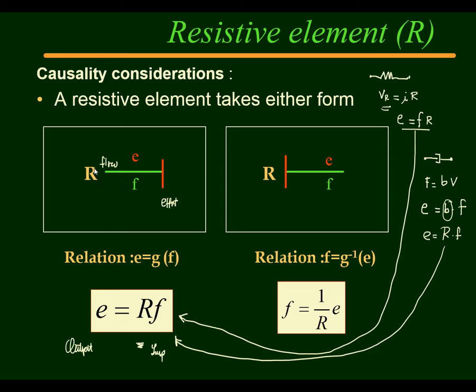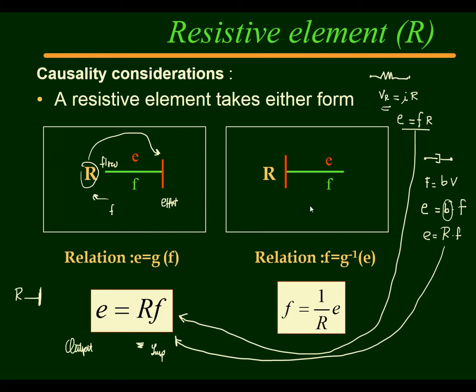So it means that from the R element, this effort is what's coming out, and what's going into the element is this flow. So when you see the little picture with R like this, it means this is the effort that comes out of the R, and this is the flow that goes into the R.